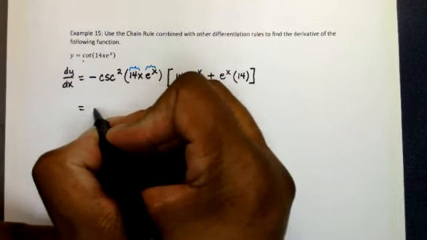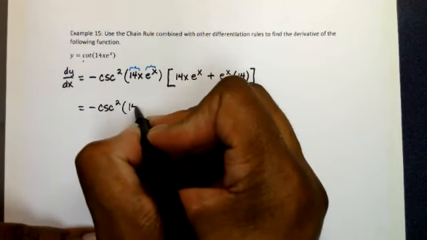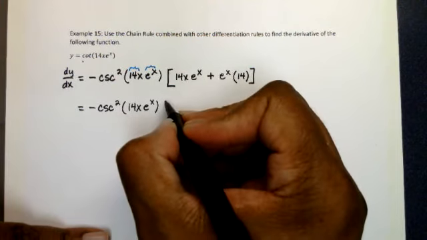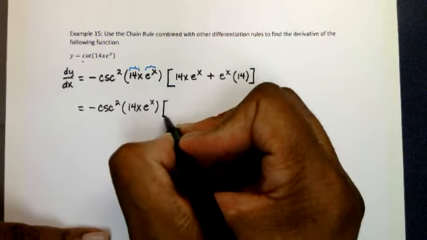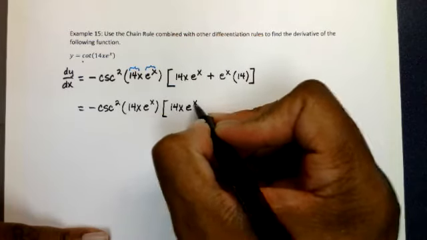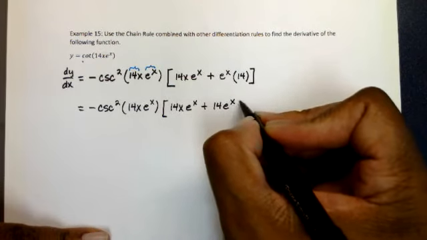Now let's simplify this. Bring down negative cosecant squared of 14x e to the x. And let's work inside that bracket there. Here I've got 14x e to the x plus 14 e to the x.